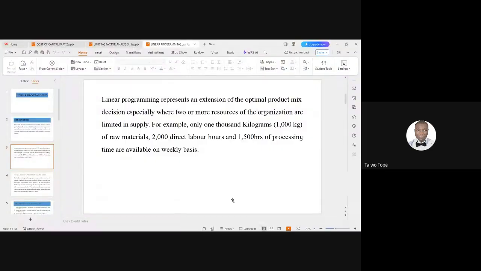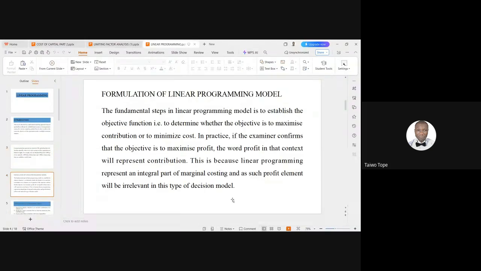So when you solve and you have contribution, a positive value of contribution, it shows that you are to maximize contribution. For example, when selling price less variable costs is giving you contribution, a positive value, it shows that you have to maximize contribution.